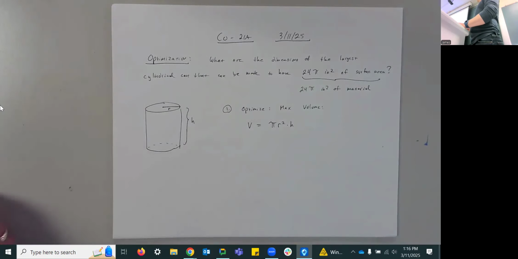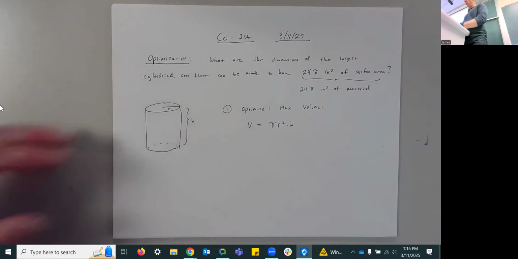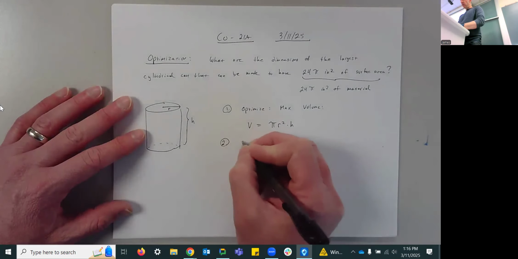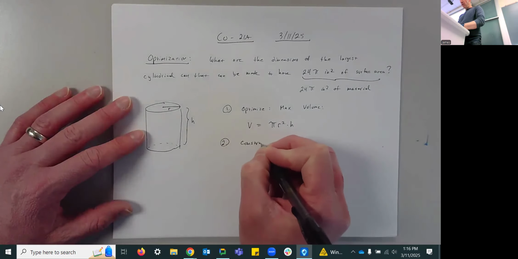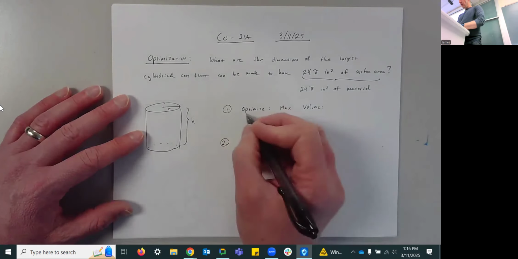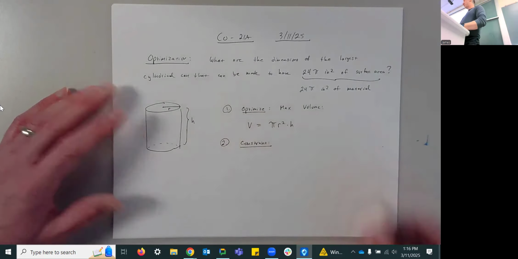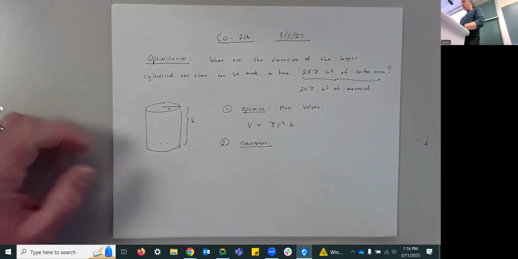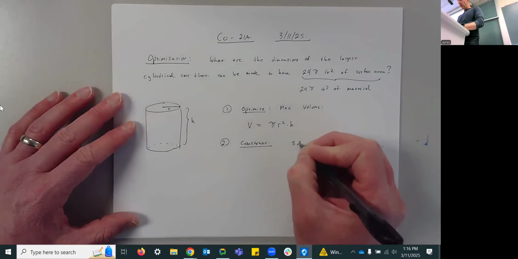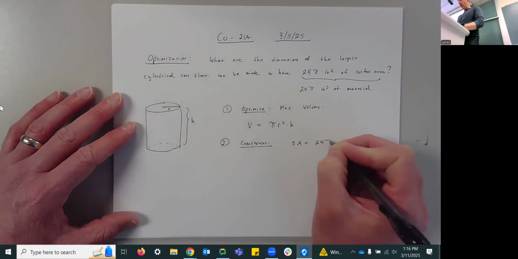Most of the time with these problems, you're usually going to start off with a function of two variables, which is problematic, right? We only know how to maximize and minimize a function of one variable. So that's where the constraint comes into play. Our constraint is our limiting piece of information. In this case, it's that we want the surface area to be 24 pi inches squared. So our constraint is that the surface area is 24 pi.